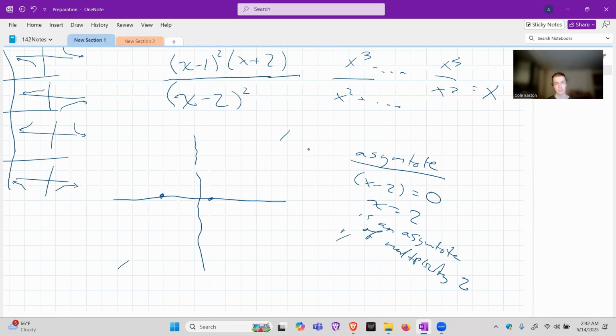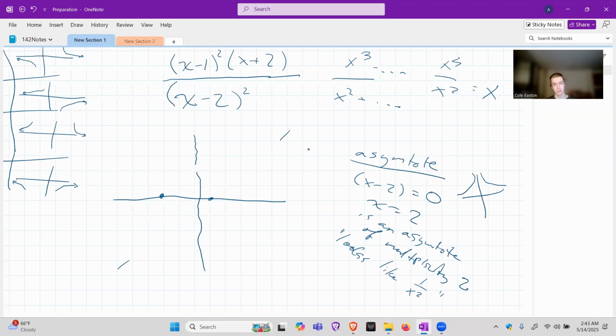Right, and so what that means is that it looks like 1 over x squared. And if we remember 1 over x squared, and what we mean by looks like, right, is that it's the same on both sides, right? Whereas 1 over x, it's different on both sides. And so that's essentially what the multiplicity defines.